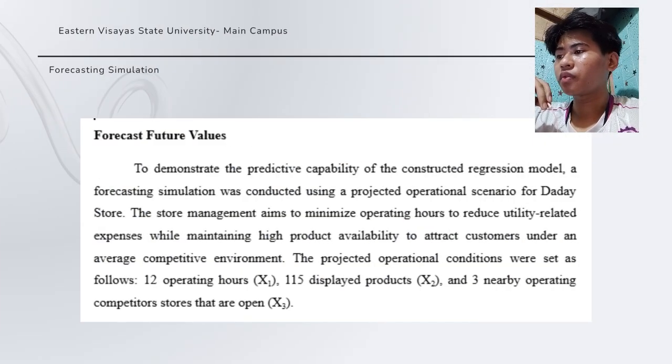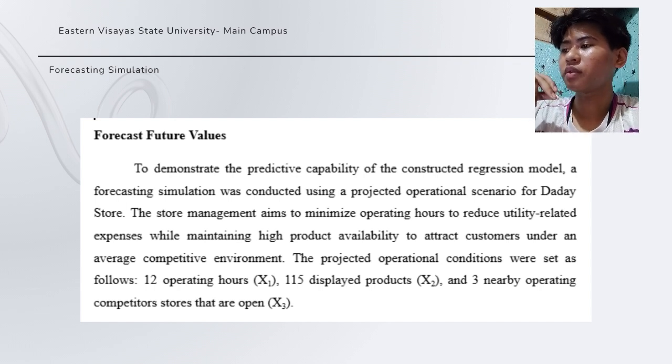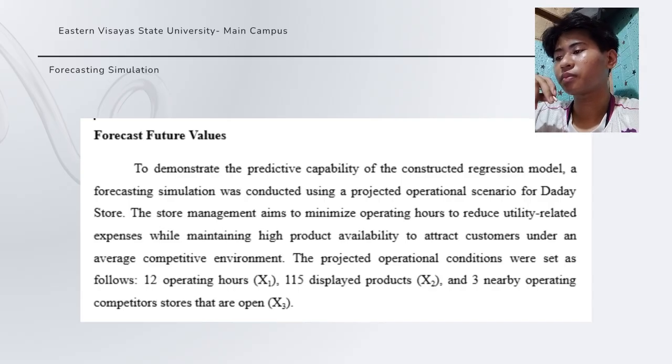Moving on to our forecast feature values. To demonstrate the predictive capability of the constructed regression model, a forecasting simulation was conducted using a projected operational scenario for the die store. The store management aimed to minimize operating hours to reduce utility-related expenses while maintaining high product availability to attract customers under an average competitive environment.